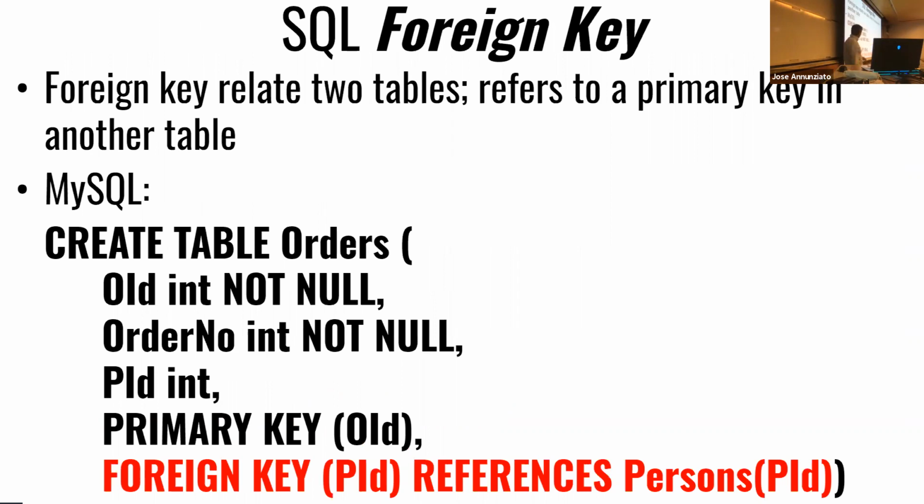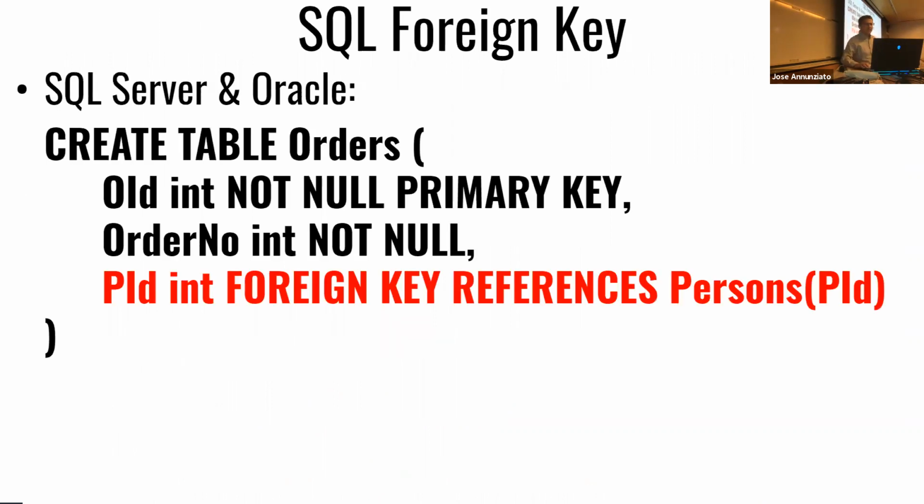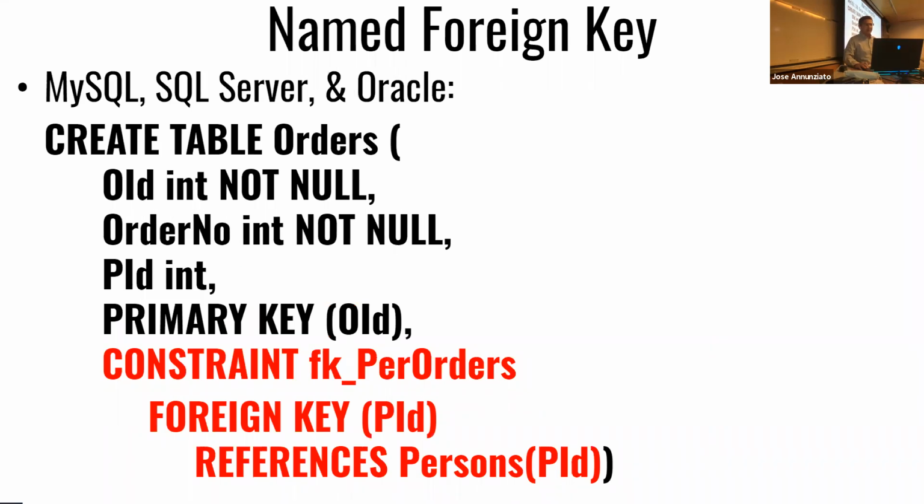Foreign keys use the keyword foreign key, the field that is referencing somebody else, then the table that is being referenced, and the primary key of the other table. SQL Server is slightly different. You can give the primary key or foreign key names by naming the constraint. This is not required, but it's useful.